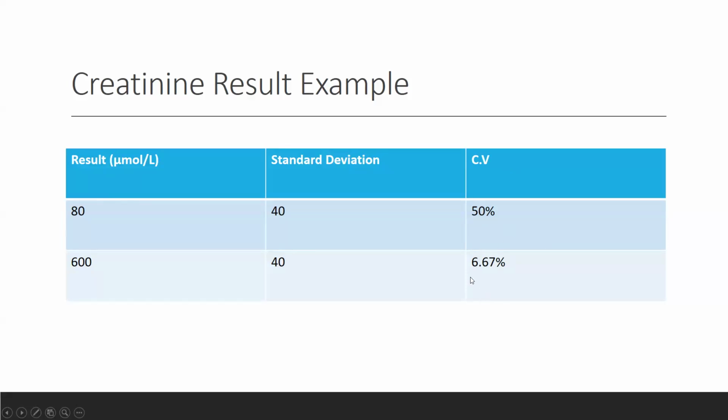It gives you more information when comparing to a clinical decision, and it's often possible to describe what's acceptable in terms of coefficient of variation. So you could say that it's acceptable to have a 7% coefficient of variation here because it won't change how you act on the result. But a 50% coefficient of variation around this level wouldn't be acceptable because it will change how you deal with the result.